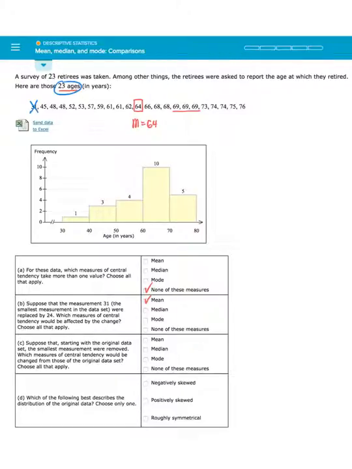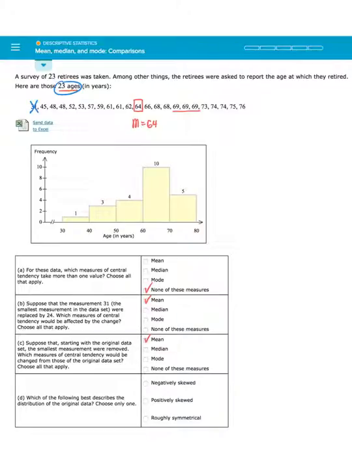My sample size has changed. This will have a lot of impact on mean and probably median. So let's talk about one at a time. Will mean change if instead of adding 23 ages and dividing by 23, we added 22 numbers and divided by 22? Of course it will be impacted. So yes, my mean will be impacted definitely.